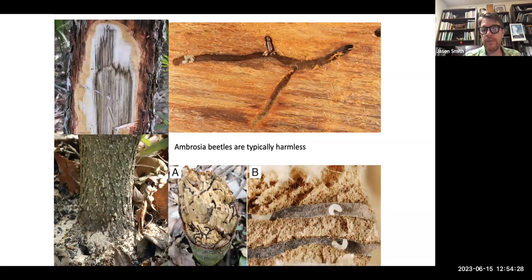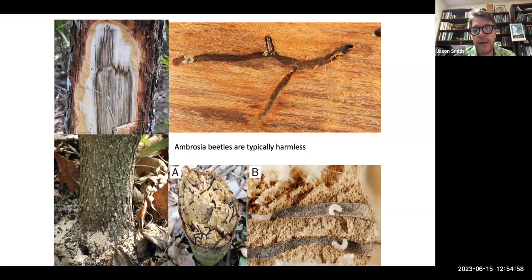And this is an ambrosia beetle, and typically ambrosia beetles are harmless. Typically, they carry fungi into dead and dying trees where they cultivate their fungal symbiont. And really, there's no harm done because they're utilizing trees that are already dead or dying for some reason. But in this case, there's a mismatch in the ecology, in that the beetle is boring into a perfectly live red bay, and consequently the fungus induces a very rapid wilt and death of the tree.